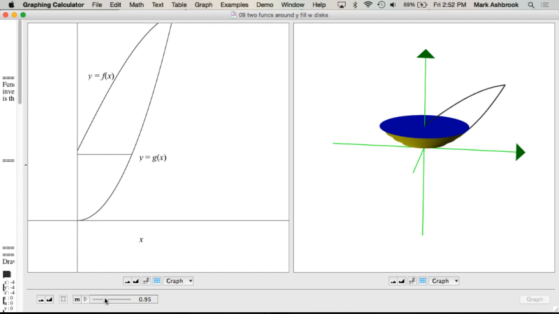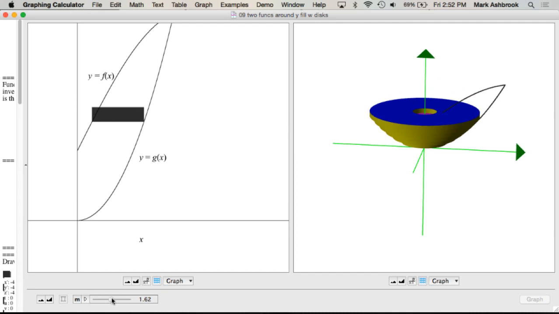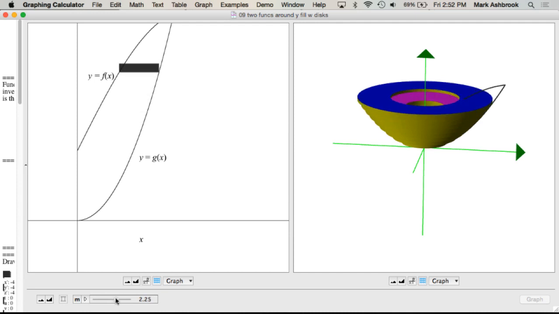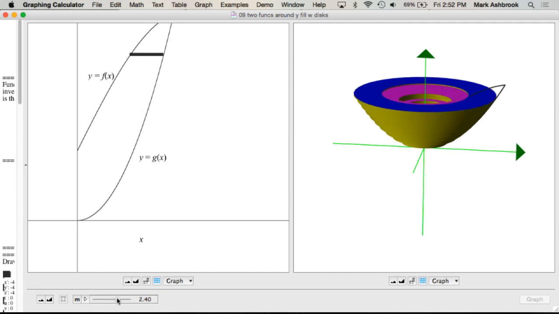But then when we get to the function f of x as the inner radius, we're going to have to write a new rate function, right? You're going to have two rate functions. You have the rate function for y values below the y-intercept of f. And then when you get to the y-intercept of f, you're going to have a new rate function as y increases.